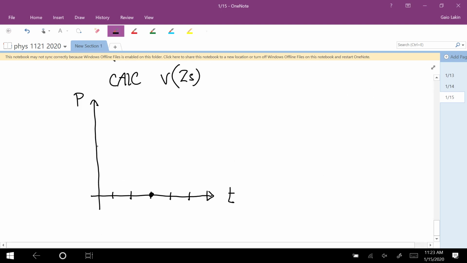So let's say this is 10, this is 20. So it's going to be somewhere here. At time equals 6, what's the position going to be? Also 18.